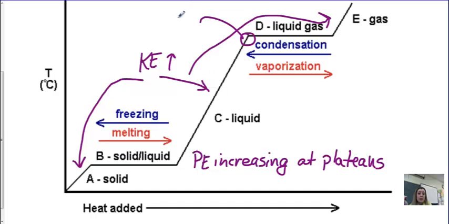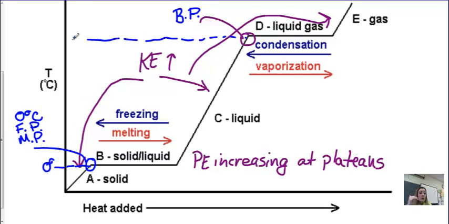So this is your boiling point right here, and then right there at that little peak, where it starts to change, is your melting point and your freezing point. That's 0 degrees Celsius. And then up here, if we come across, that's 100 degrees Celsius.